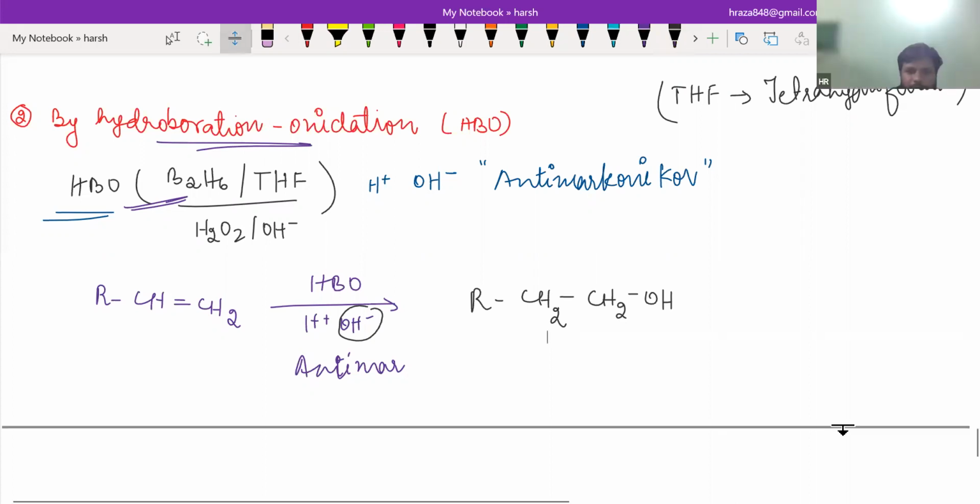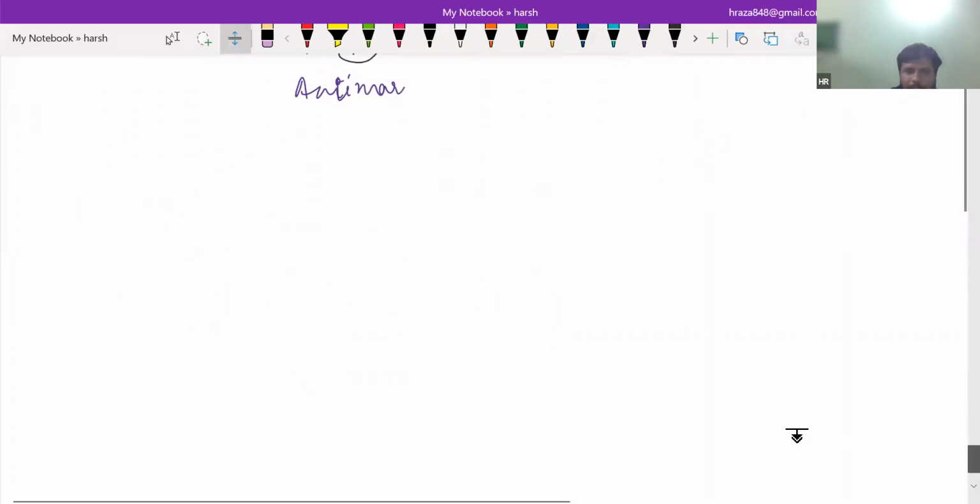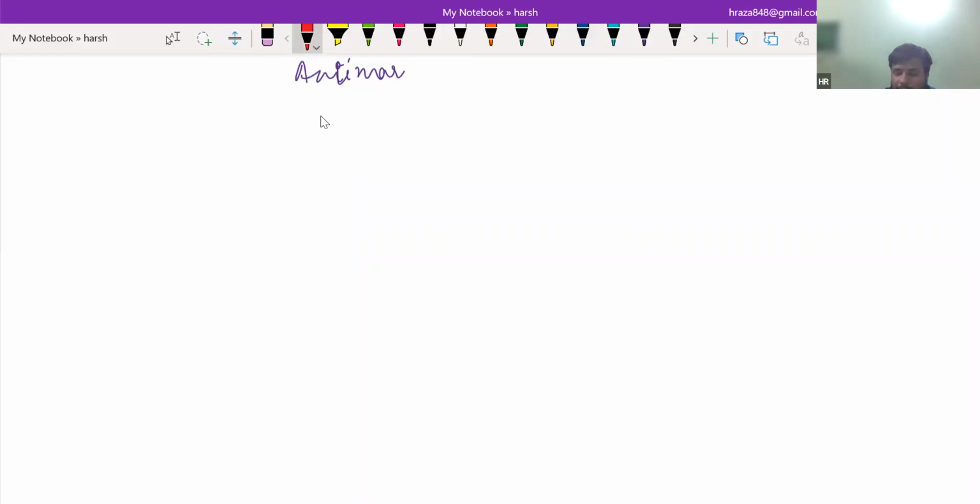In NCERT, you can see it is in several steps, and it basically gives 3 moles of alcohol. And how does it give? See, if we have CH3 CH double bond CH2, and hydroboration, that means borane, BH3 whole twice, we get borane B2H6.